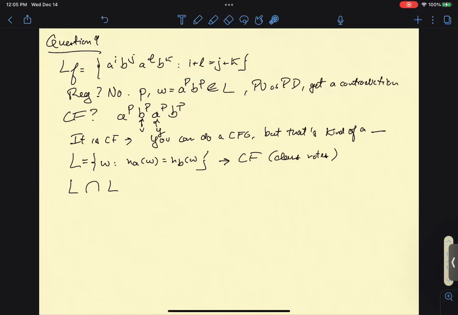So what do I intersect it with? Just A star, B star? Yeah, very good. A star, B star, A star, B star. So now I'm forced to have A's and then B's and then A's and then B's. And now I know that because of the intersection and because L is what it is, the number of A's here has to equal the number of B's here. And that's exactly what this condition is saying.